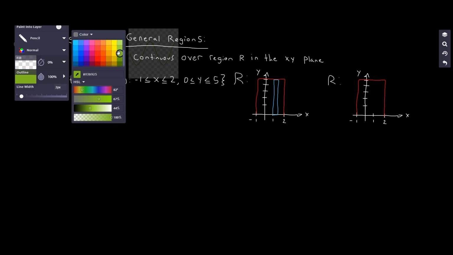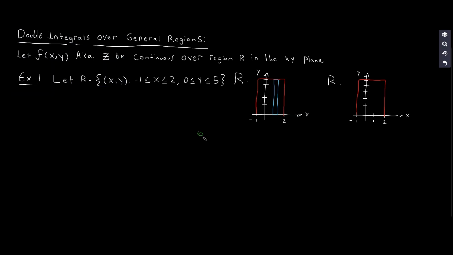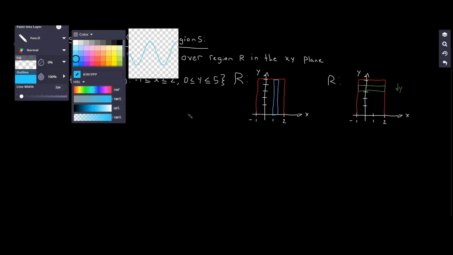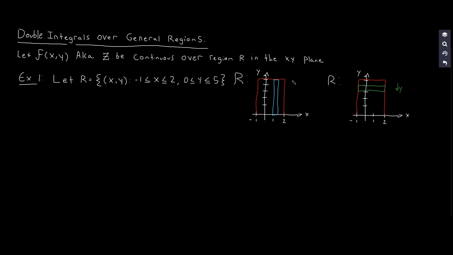And for all y's, all of the horizontal slices are going to be the same as well. dy is the horizontal slices, and for the vertical slices, this is going to be dx, right?